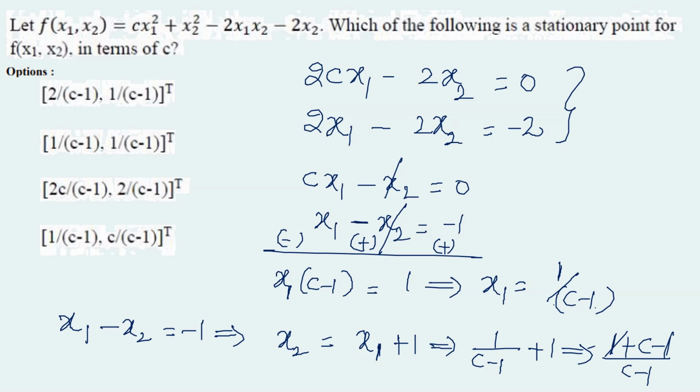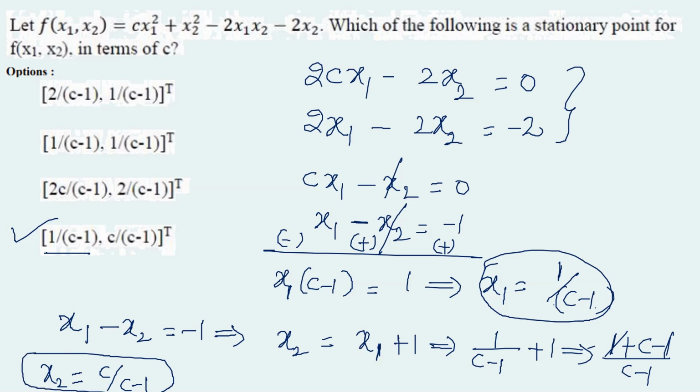The 1 gets cancelled. Now x2 is equal to c by c minus 1. So the correct answer is option D. We have x1 as 1 by c minus 1, x2 as c by c minus 1.